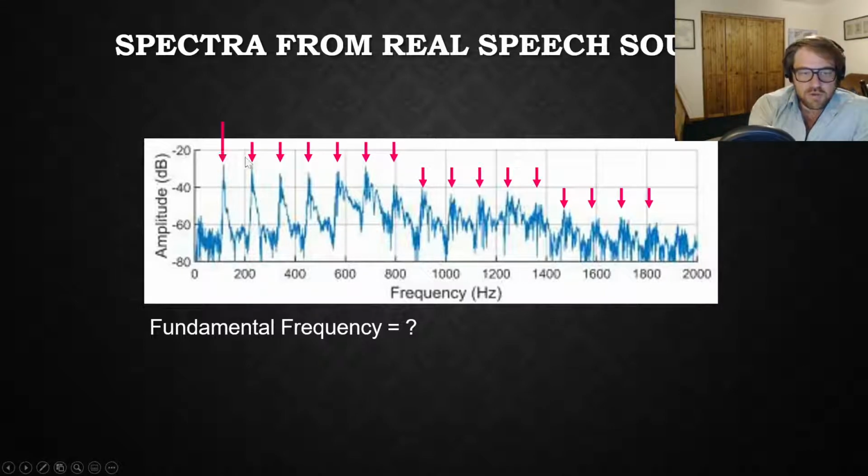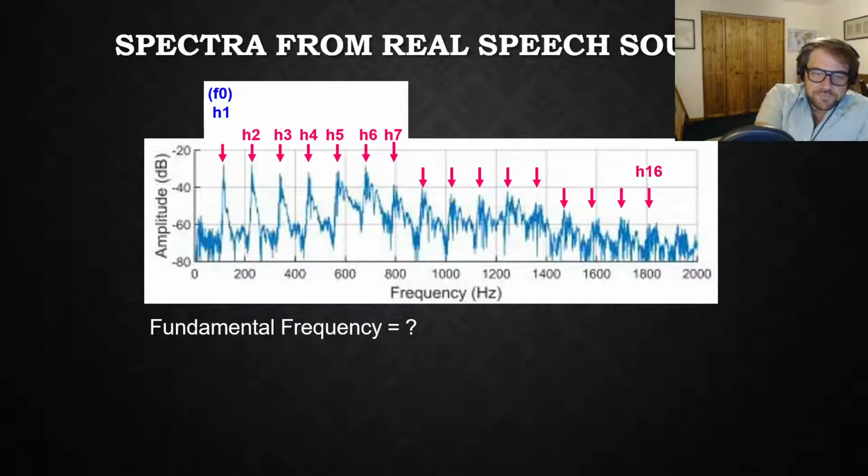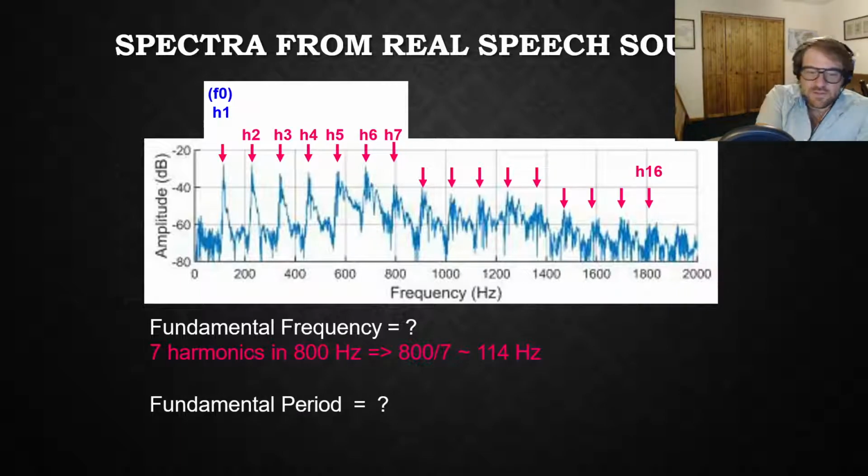We've got 1, 2, 3, 4, 5, 6, 7. This is just like the other one that we did. So it should be 114. I'm going to take 800 hertz divided by 7. Yeah, 114. Oh, I have labels. Yeah, there. So 800 divided by 7 is roughly 114.